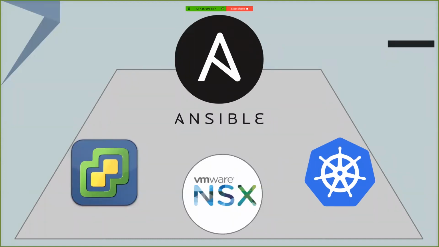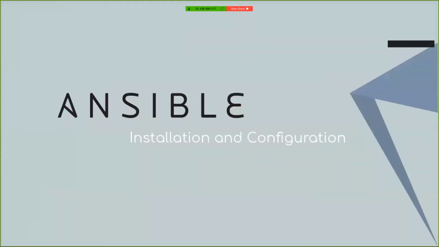So yeah, let's see now. All right, with that little introduction, we can move on to the actual installation and configuration of Ansible, which will also include a little bit of the basics of Ansible. We're going to go back to the files which I mentioned previously, such as playbooks and var files.